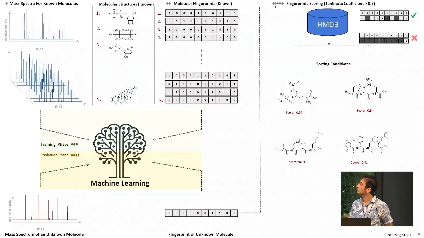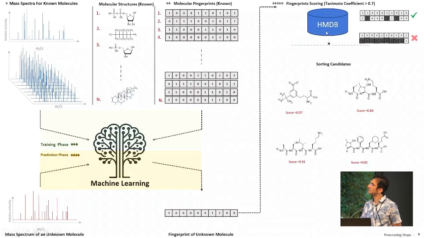And then, for identification of this unknown molecule, we need to search in a database, but these should be databases of fingerprints, not MS spectra, because here we have the fingerprint of these molecules.